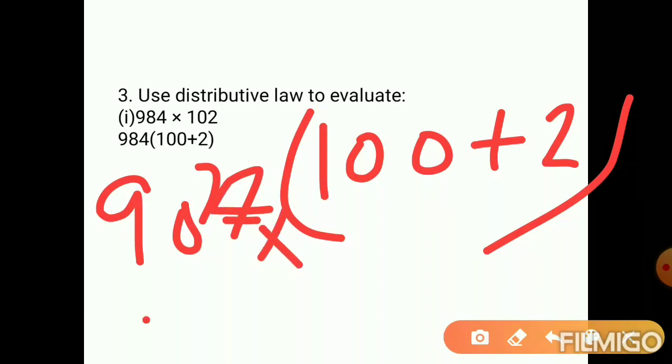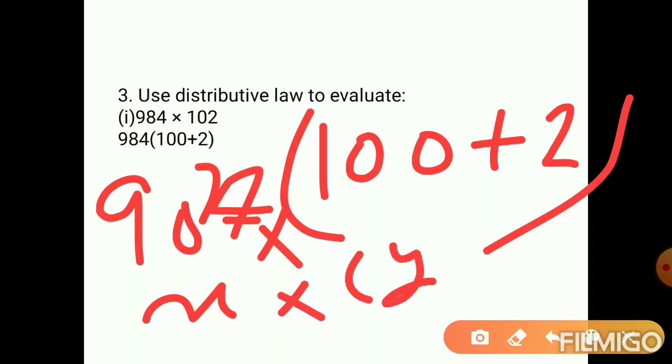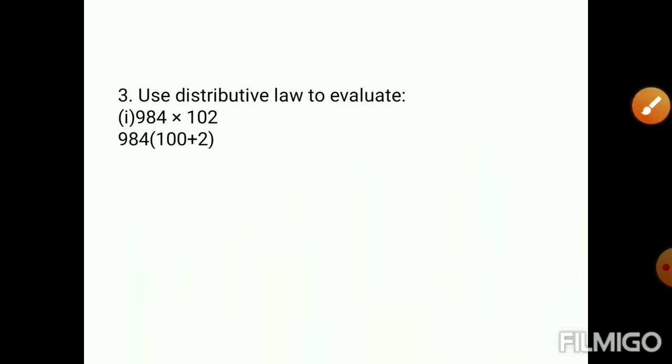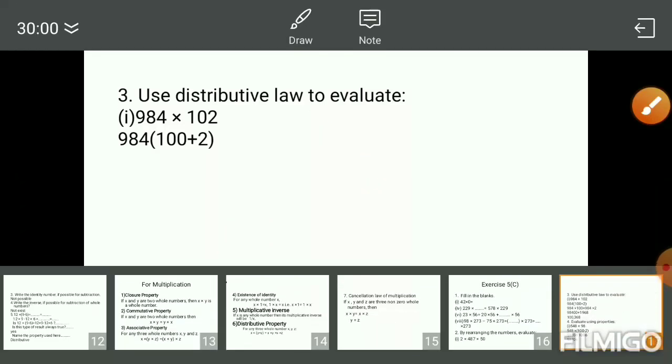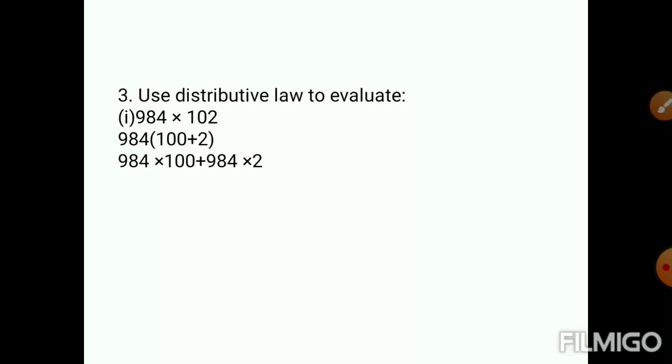Now it is in the form of x into y plus z. Now you will open the bracket as x into y plus x into z. So 984 multiplied by 100 plus 984 into 2. So it is 98,400 plus 1968. Add these numbers and my answer is 1,368.